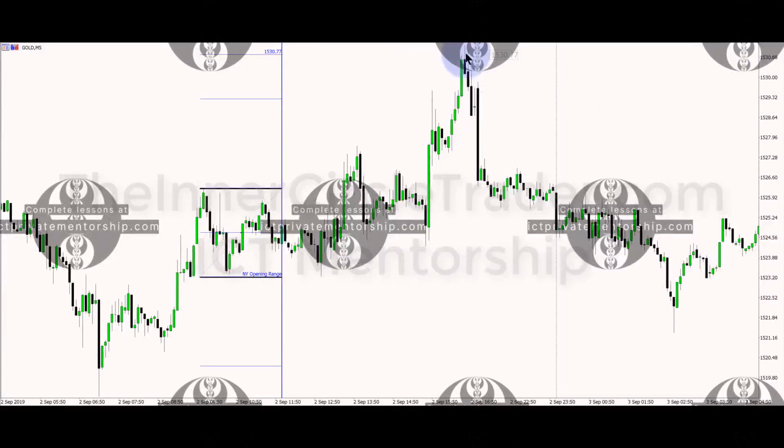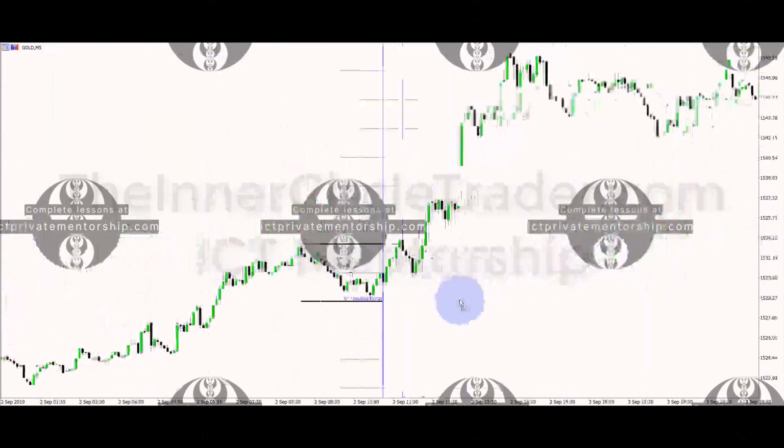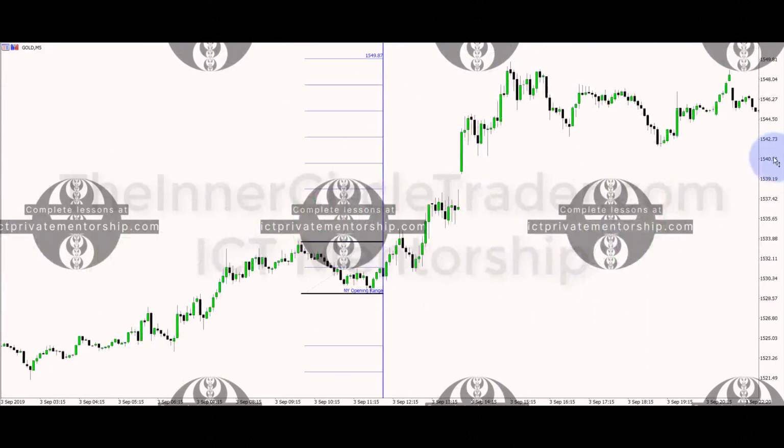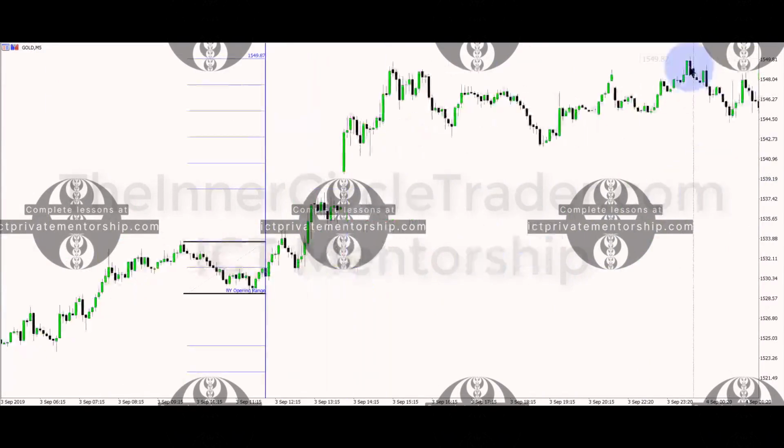Again, we like to use the round number, not so much the decimals. On the 3rd of September, we have the opening range concept again. Projected high was 1549.87, and the actual high before we changed into a new day was 1550. So again, really close.